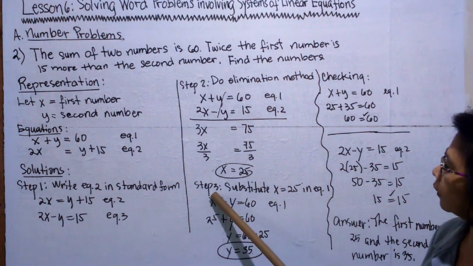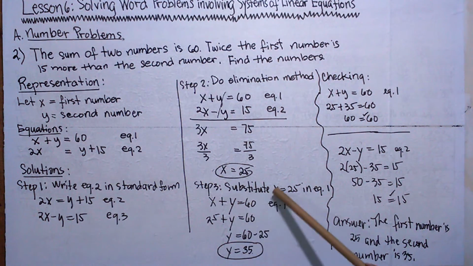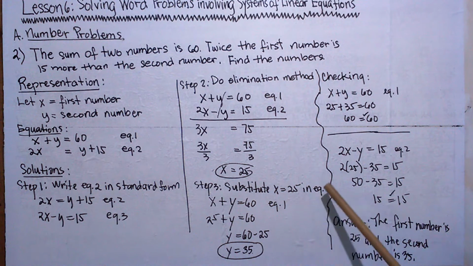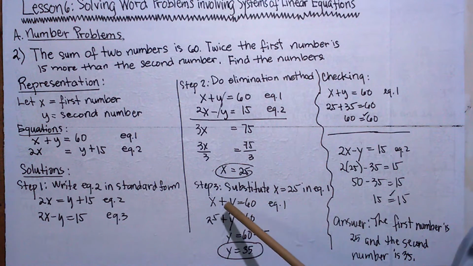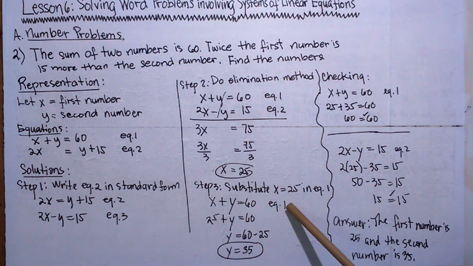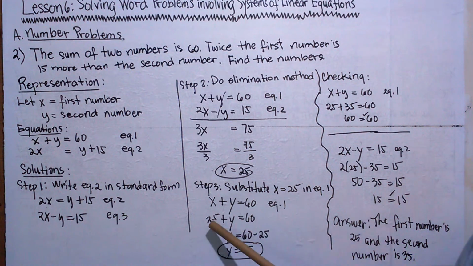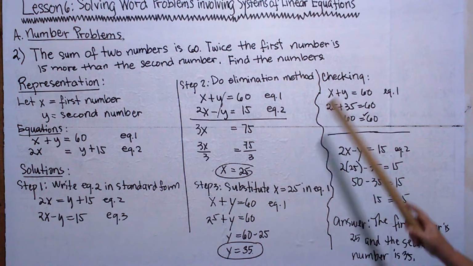For step 3, substitute x equals 25 in equation 1. Our equation 1 is x plus y equals 60. Then substitute 25 for x in x plus y equals 60. Then y is 60 minus 25. y is 35.